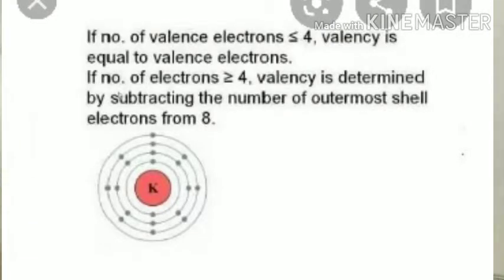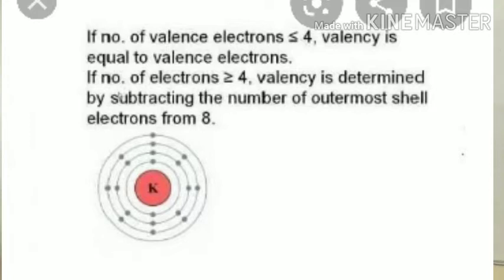If the number of electrons in the outermost orbit of any atom is less than 4, then that number itself is its valency. If it is more than 4, then the number actually required to complete the 8, or octet, that difference is the valency.